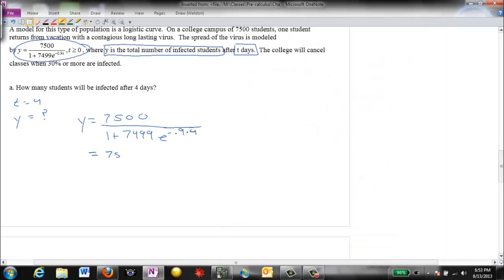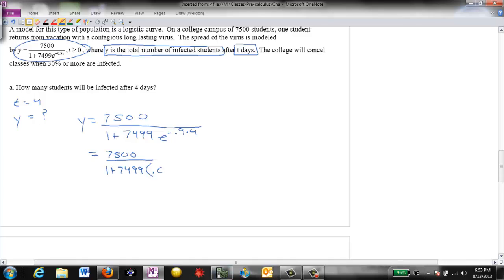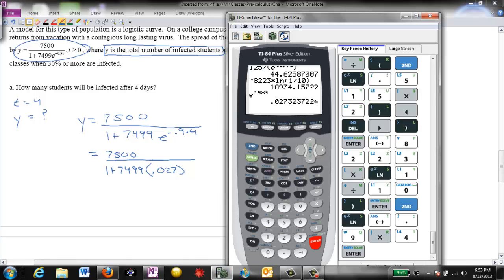Okay, so we're going to have 7,500 over 1 plus 7,499 times, and then we had 0.027, let's say. Okay, and then I'm going to bring my calculator back up and I'm going to go ahead and finish off the bottom, get a good clean number for the bottom.